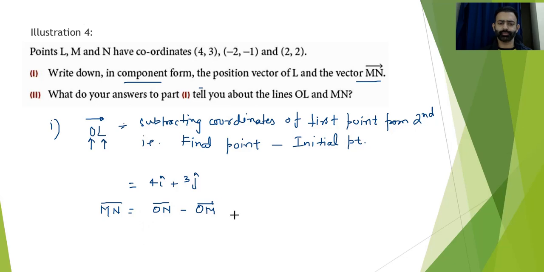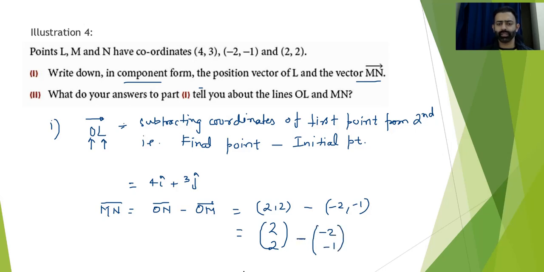So ON means the coordinates of N, which are 2 comma 2, minus OM, which means minus 2 comma minus 1.